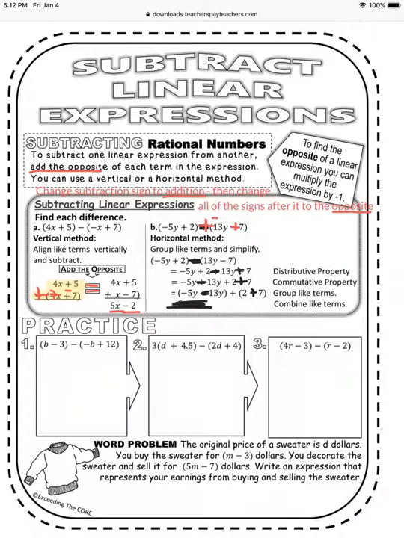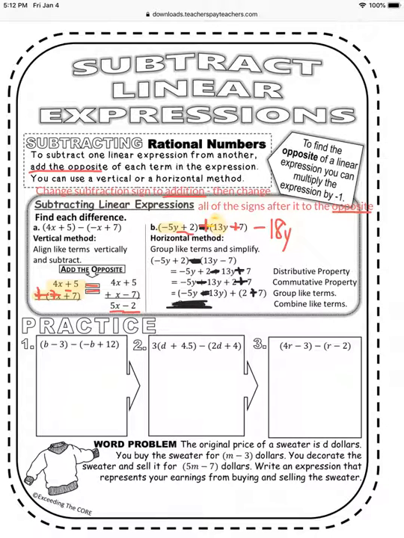And then we start by combining our like terms. I have a negative 5y combined with a negative 13y, and don't forget the negative sign, that is negative 18y. Next, we combine the two numbers.